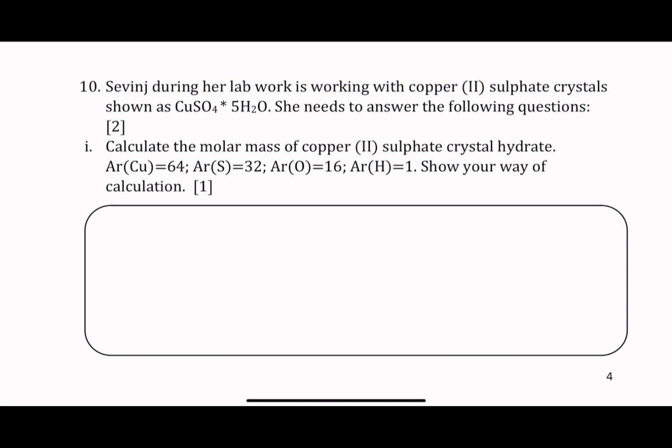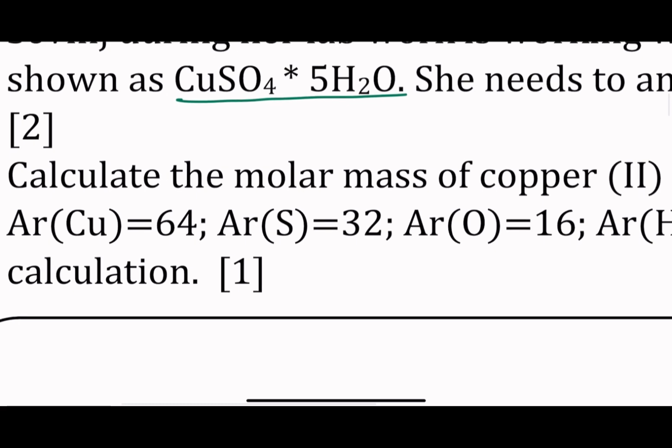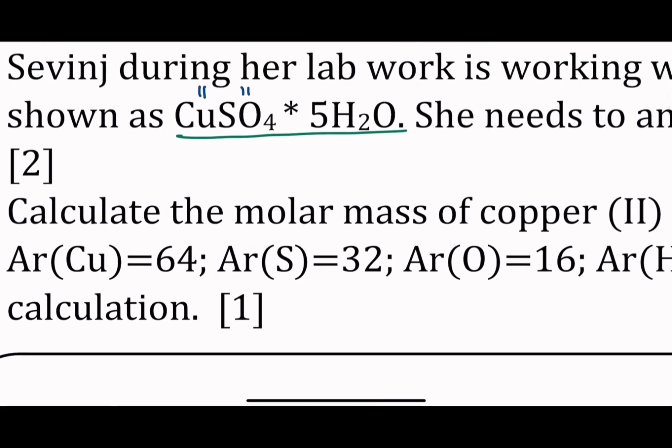Okay, in question 10, it is talking about copper sulfate crystal. So even from here you could get the idea what is the sulfate. So you got the copper with the valency of 2, and then sulfate with the valency of 2, because there's both 2 and 2, they come here and then cancel each other out, giving you copper sulfate.